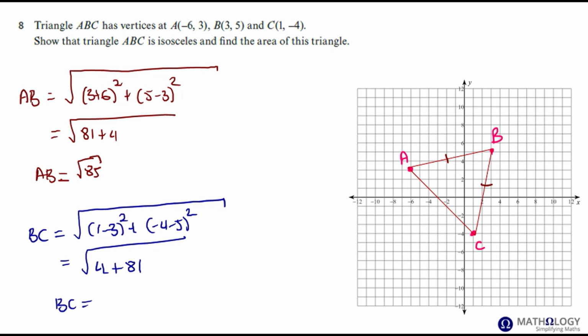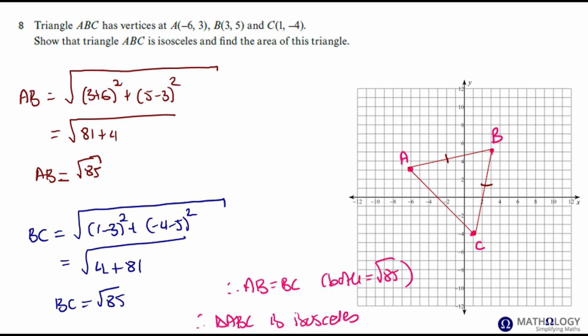So BC equals the square root of 85. Therefore, AB equals BC. Both equal the square root of 85. Therefore, triangle ABC is isosceles.